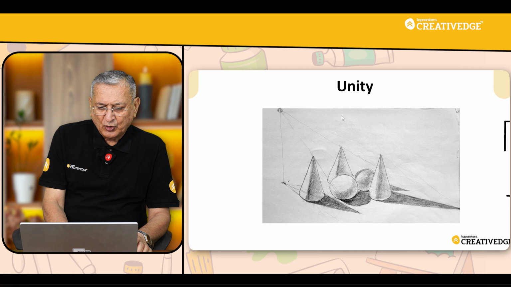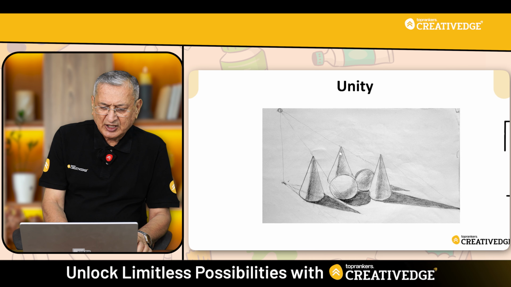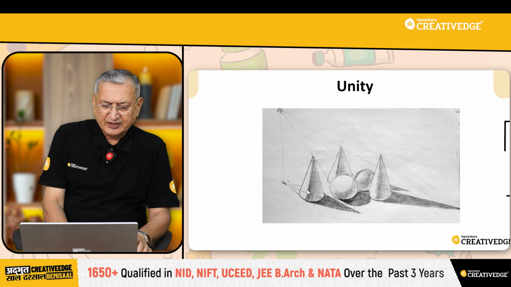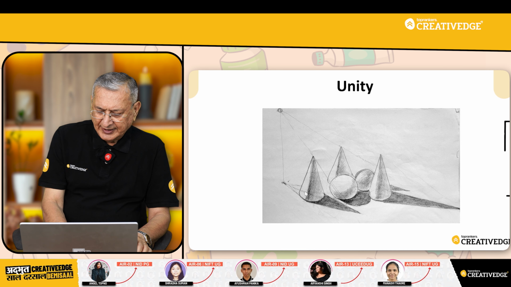So it is not a very true composition. However, it do give asymmetrical balance, and the balance is brought in by this eccentric cone kept on the left corner, which also show the isolation.